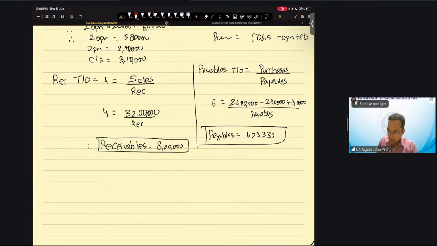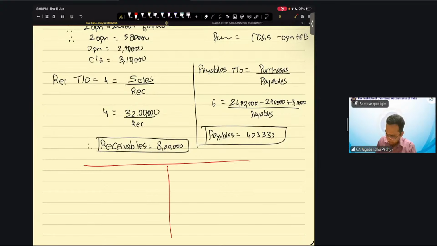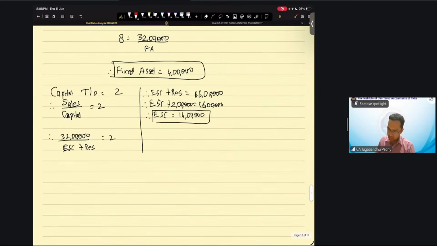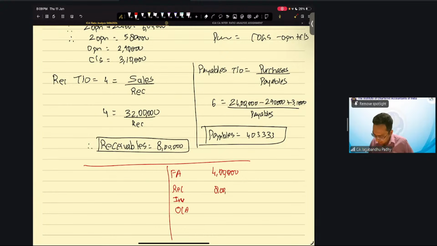Okay, so what will be the other current assets? Let's try to figure it out. Fixed asset is 4 lakh. Then you have receivables, inventory, other current assets. Receivables is 8 lakh. Your payables is 4,03,333.